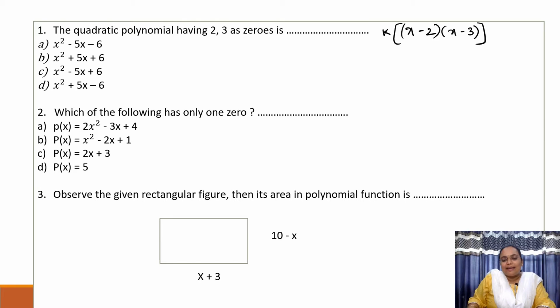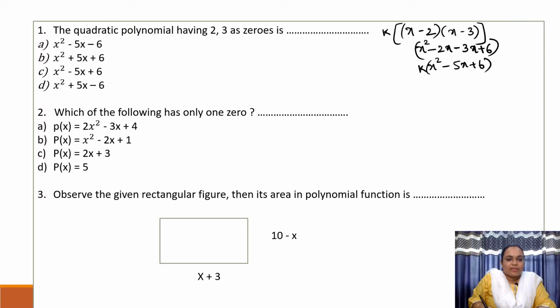Now multiply these two factors, that is x square minus 2x minus 3x plus 6, that is x square minus 5x plus 6.